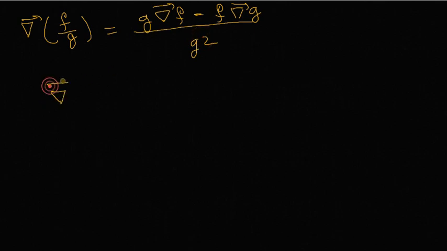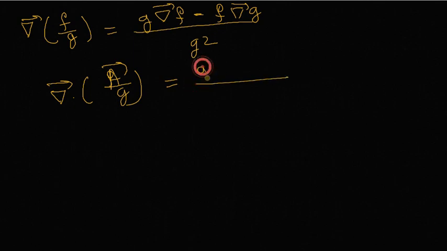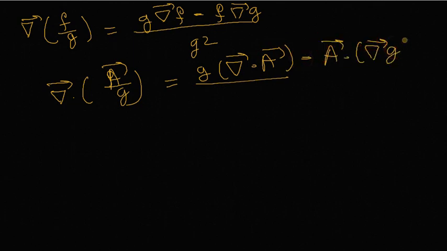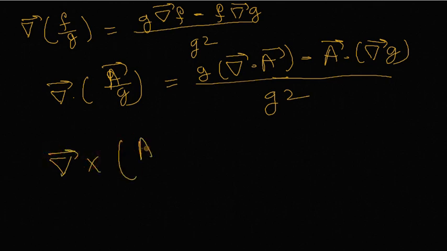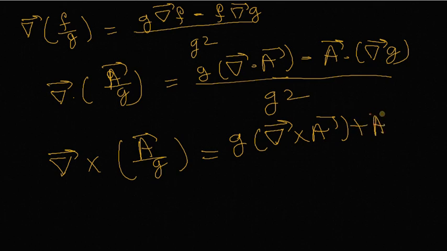Again we have del dot A by g, which will have g del dot A minus A dot del g by g square, and we will have del cross A by g, which will have g del cross A plus A cross del g by g square.